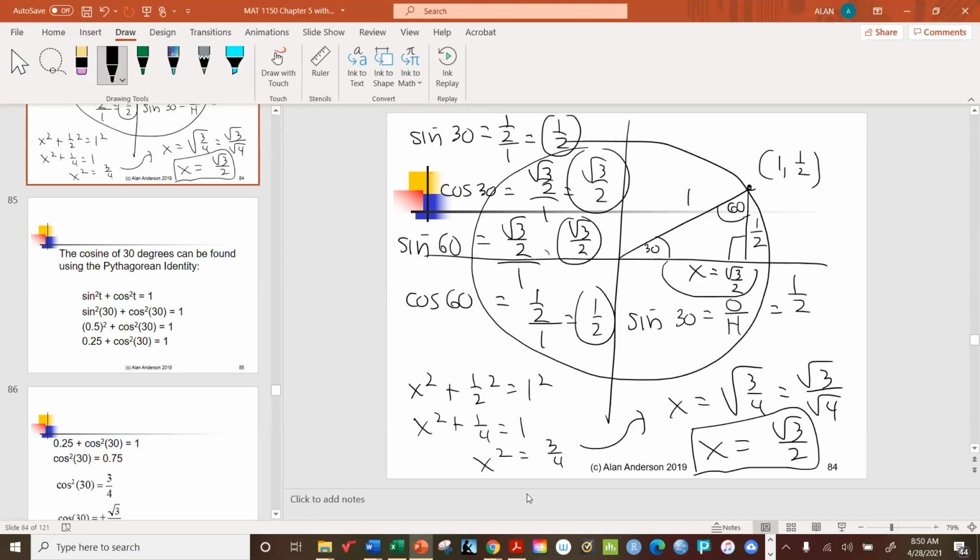Now, the actual numerical value of radical 3 over 2 is about 0.866. So if you look this up in a calculator, this is what you'll come up with. Okay.